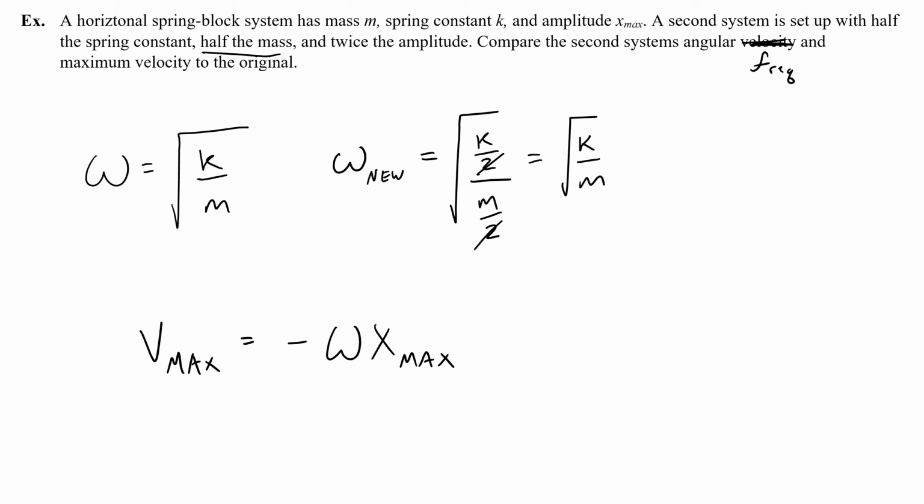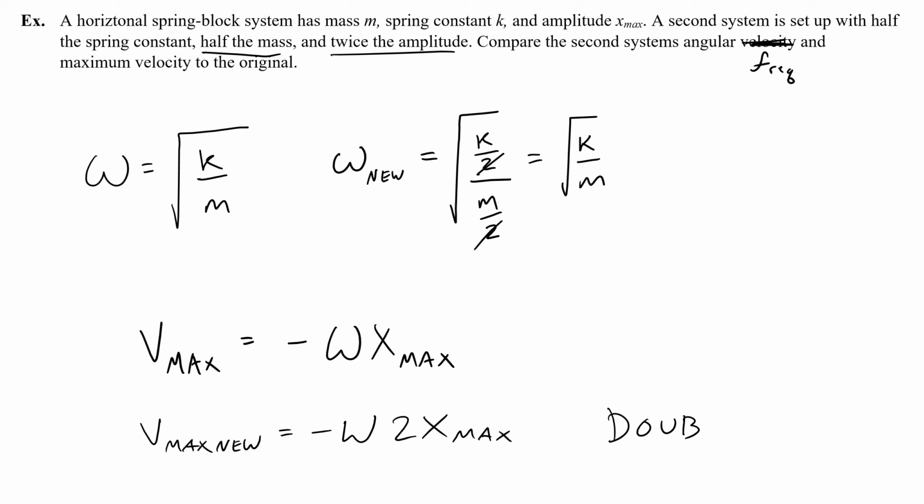And if I'm going to double the amplitude, then my Vmax nu is going to have negative omega squared times 2 x max. So it's pretty easy to see that the maximum velocity is going to double because of that changing amplitude.